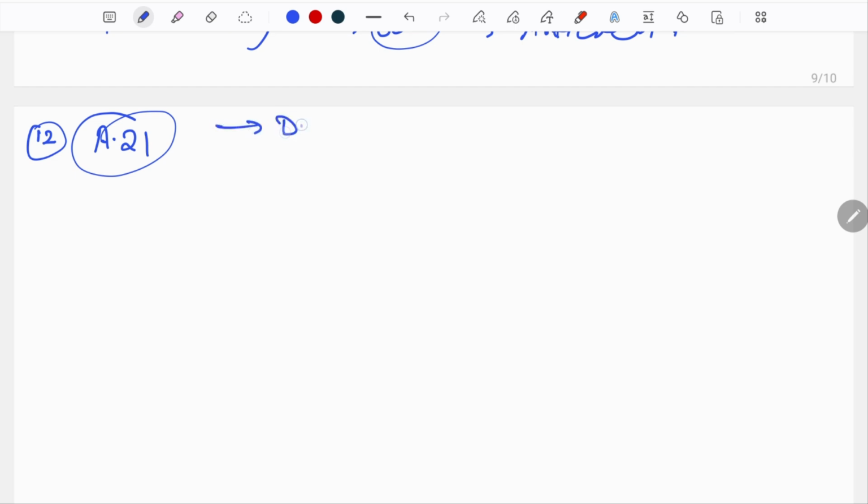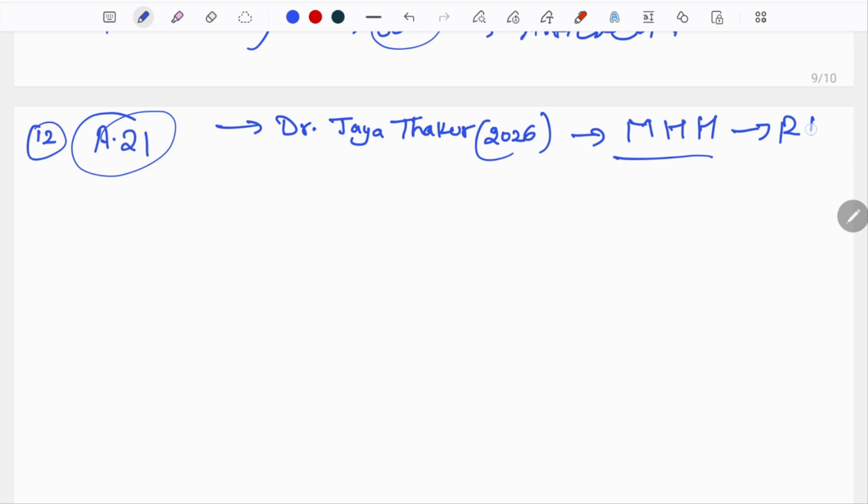The first one is Dr. Jaya Thakur case 2026, in which the Supreme Court has held that menstrual health and hygiene is an integral part of the right to life under Article 21, and that the lack of facilities, that is menstrual hygiene products such as sanitary pads, restricts the educational access of girls, and it is a violation of Article 21A, that is the right to free education.